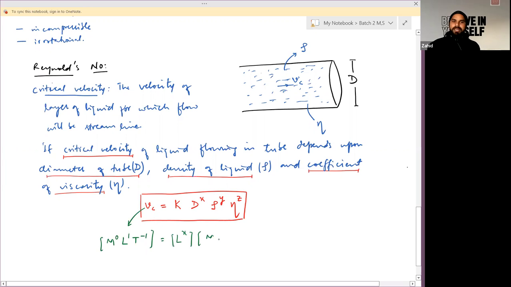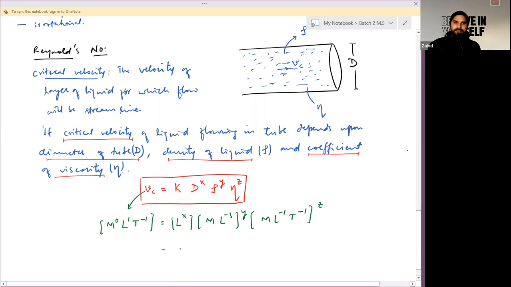Density is mass by volume raised to y, and coefficient of viscosity is M L^-1 T^-1 raised to z. Now, we can write M raised to y at this point and M raised to z at this point, so it will be y plus z.